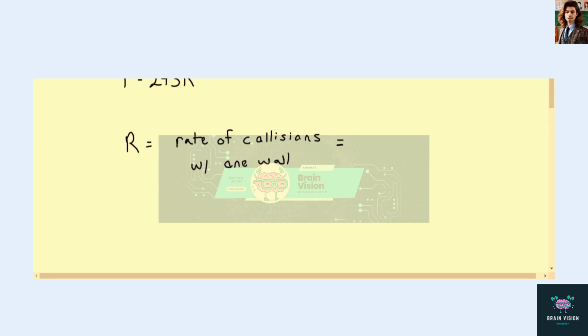So we know that this is going to be a number of collisions per time, since it's a rate per time. So if we can break down how many collisions happen in some time interval that we decide upon, then we can probably get a pretty good estimate for the rate of collisions here.